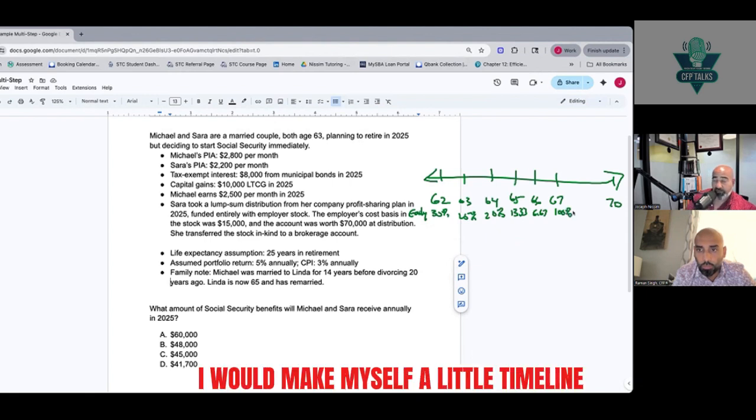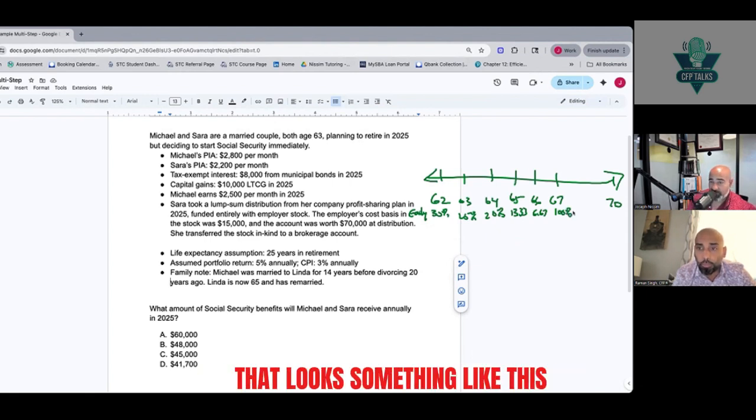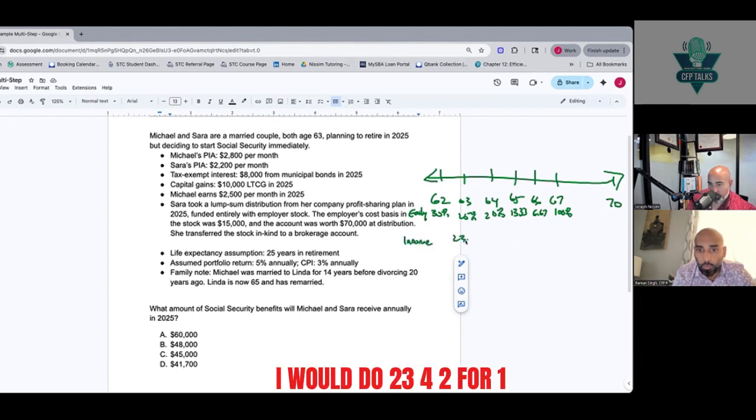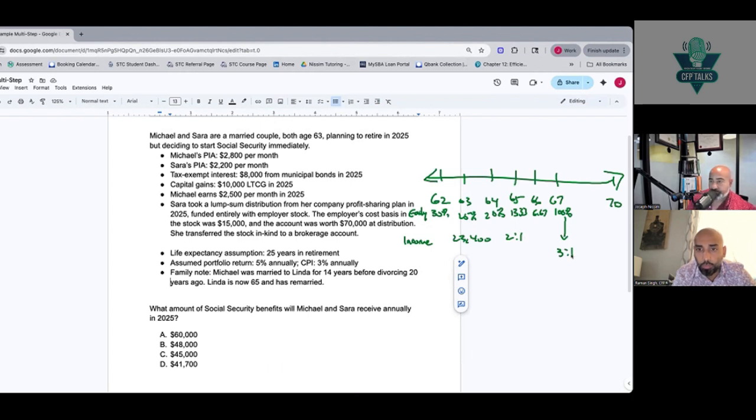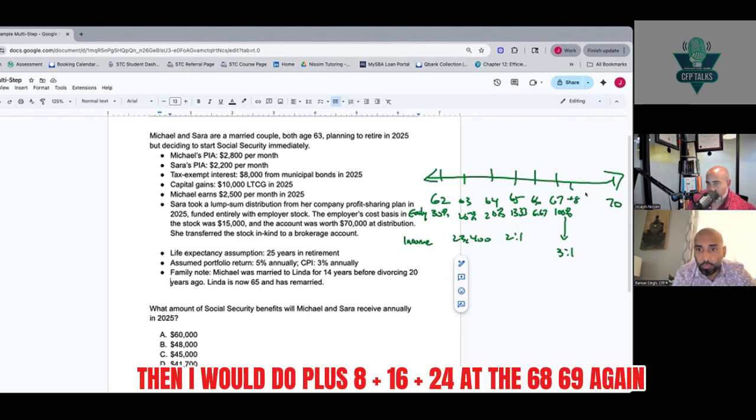I would make myself a little timeline that looks something like this. And then for income, I would do 2 for 1. And that applies all the way up to here, where then it gets reduced 3 for 1. Then I would do plus 8, plus 16, plus 24 at the 68, 69.